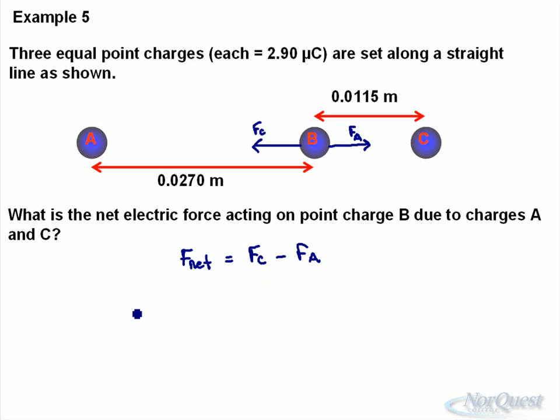Well, I'm going to use the formula here and write this as F net equals K, QB, QC, oops, I should be going QB, QC over the r of BC squared, subtract K QA, QB over r of AB squared.